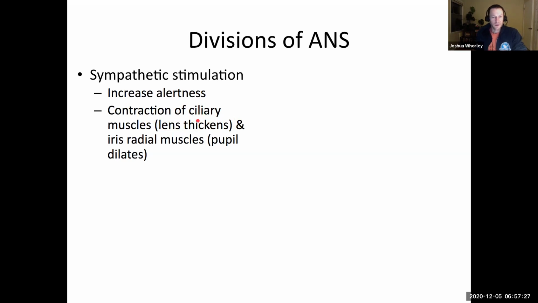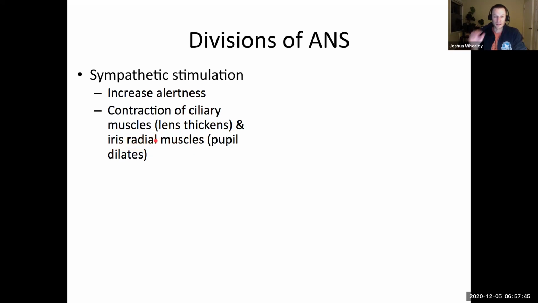So this helps us to focus on objects that are close to us. And it also affects smooth muscle of the iris, which is the colored part of your eye, and it causes a certain muscle in there, the radial muscles, to contract.